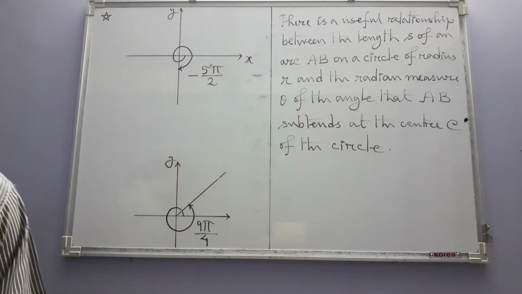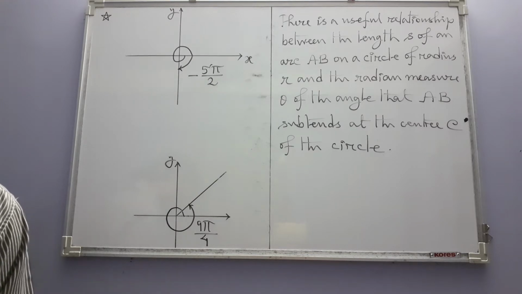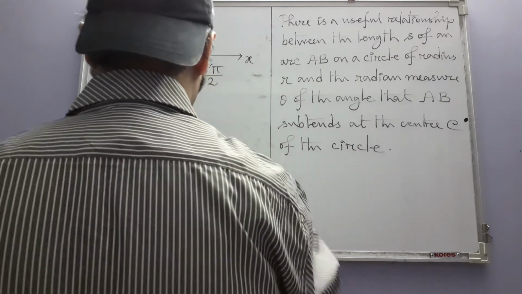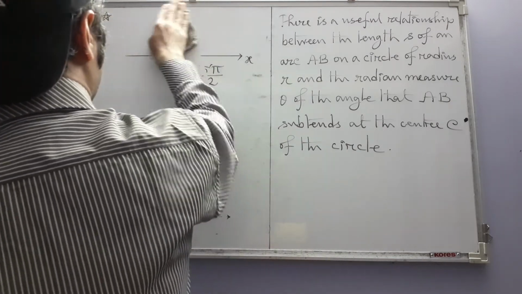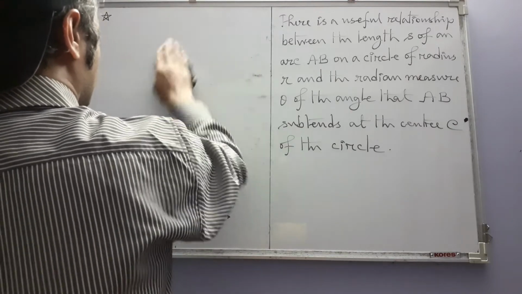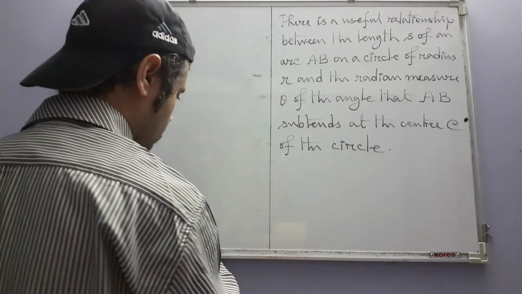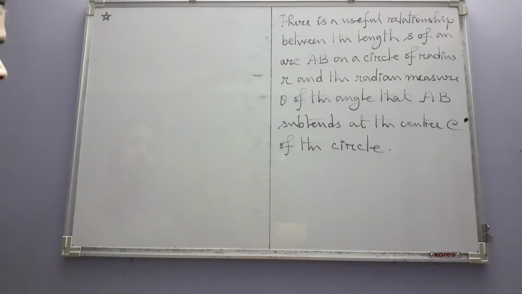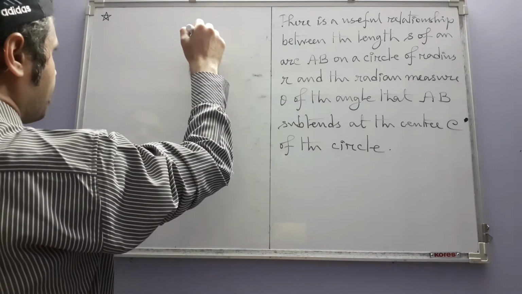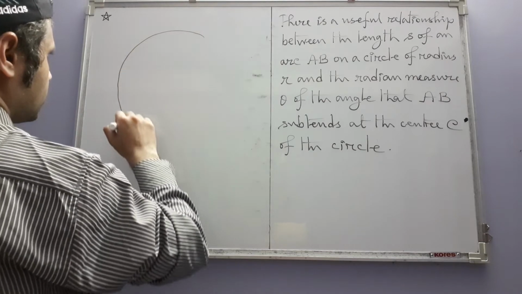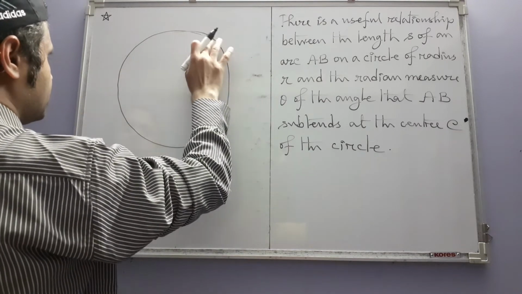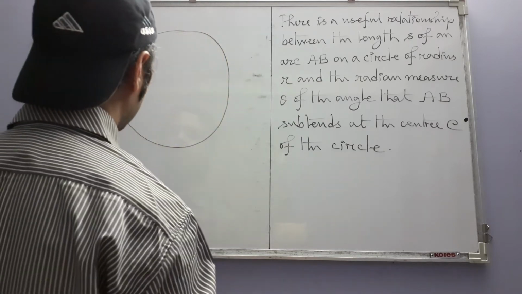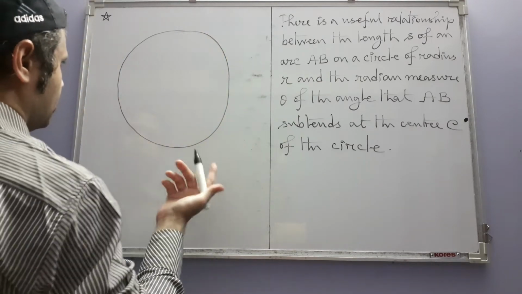So the situation now is this. There is a circle, some circle of radius r. I draw such bad circles, but anyway, what can I do?